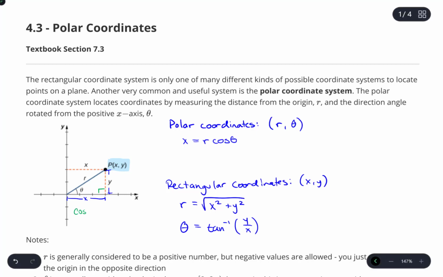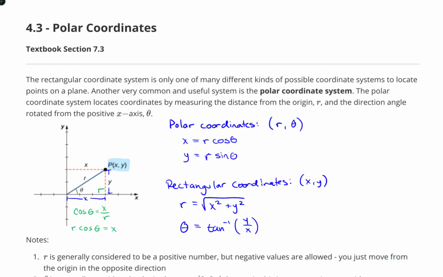If I try and determine the cosine of theta, which is the adjacent side over the hypotenuse, then I can very easily see that r cosine theta is the value x. Similarly, y is r times the sine of theta.